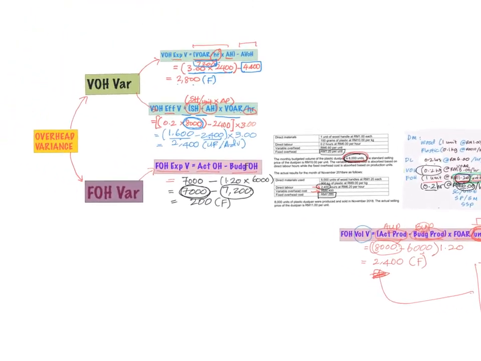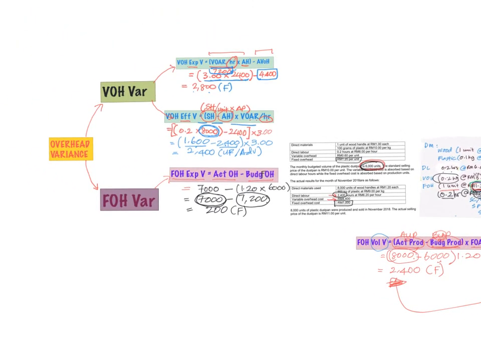So as for now, we have learned about fixed overhead variance and also variable overhead variance. Let me sum up what we have learned. We are talking about overhead variance, which consists of two types, variable overhead and fixed overhead. For variable overhead, we have variable overhead expenditure variance and variable overhead efficiency variance. For fixed overhead variance, we also have two types, fixed overhead expenditure variance and fixed overhead volume variance.